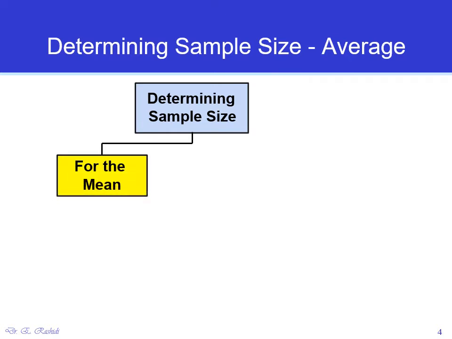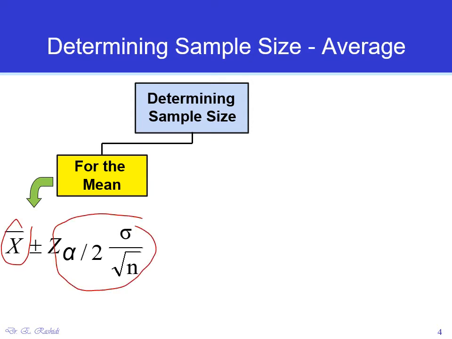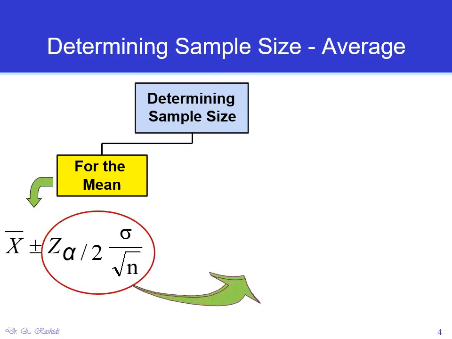So when we want to estimate the average, we know that this is the confidence interval: the point estimate plus minus the margin of error. Based on this and knowing the margin of error and the confidence level, we can find the size of the sample.